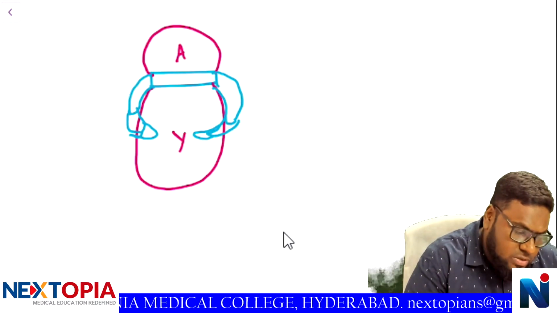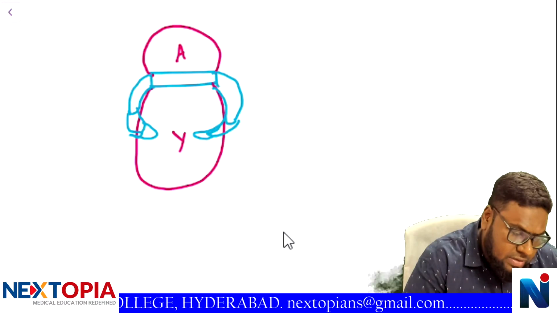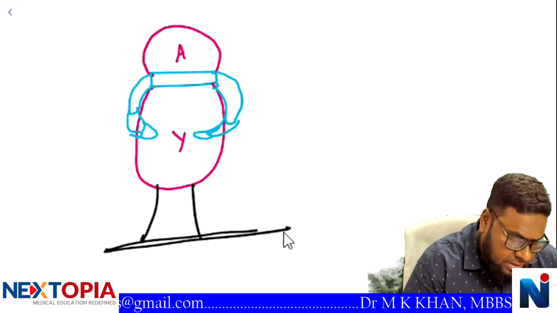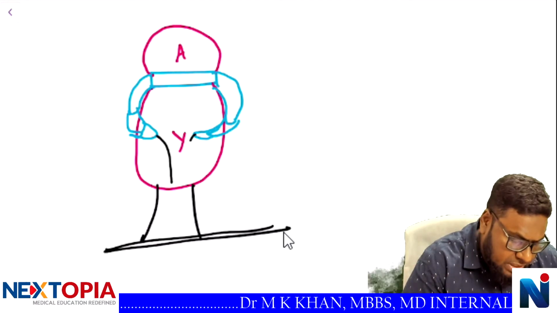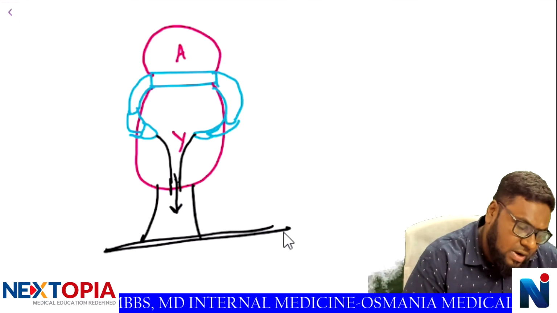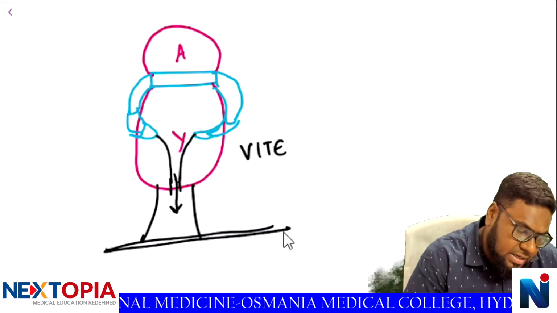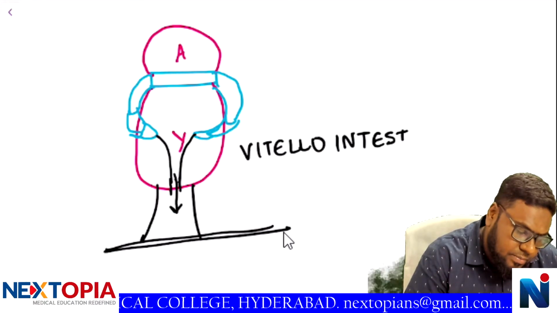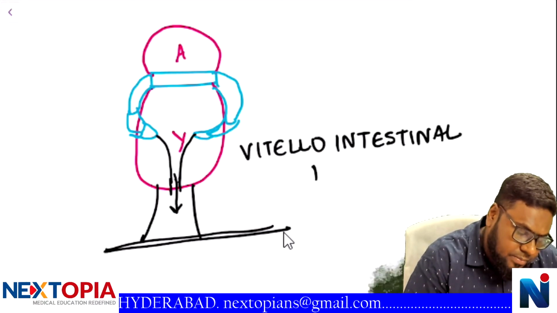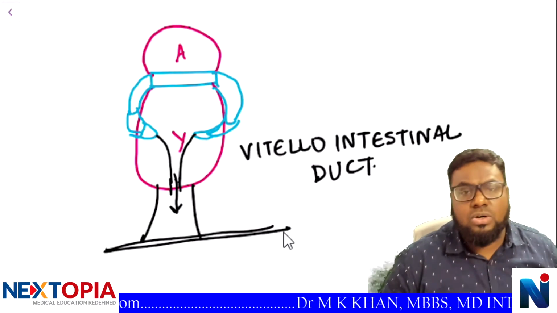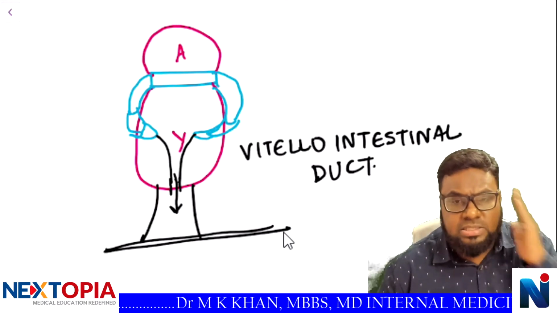So a small amount of yolk sac somewhere here has communication with the gut like this. This communication we are calling the vitello-intestinal duct. A small communication is formed through the yolk sac to the stalk, and this stalk is communicated where?